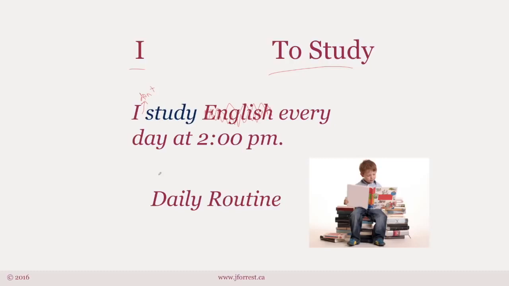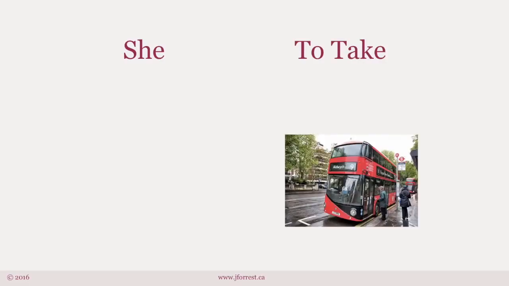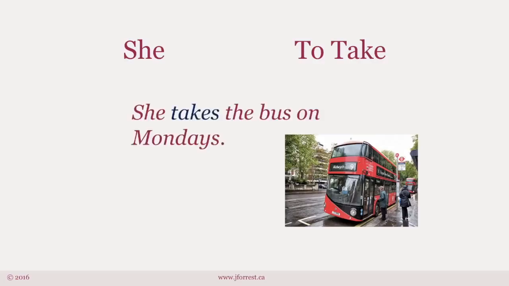Very good. Okay, and here we have she, the verb to take, and this picture. What is a sentence you can make in the present simple? Okay, excellent. Now, did you remember to add an S to the verb? Okay, so here's mine.